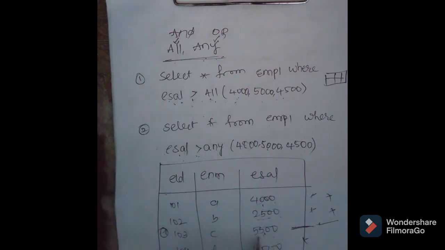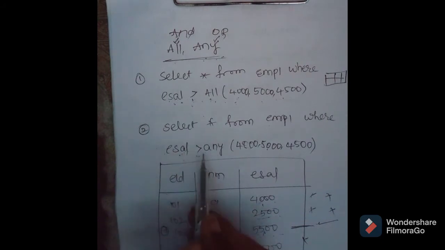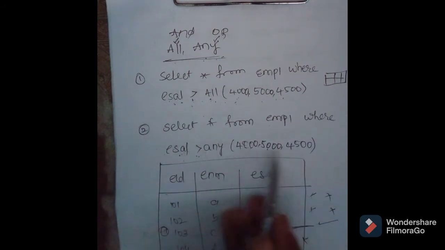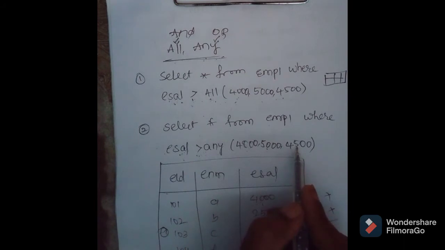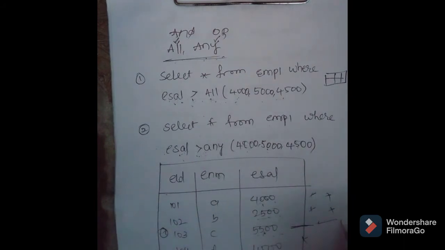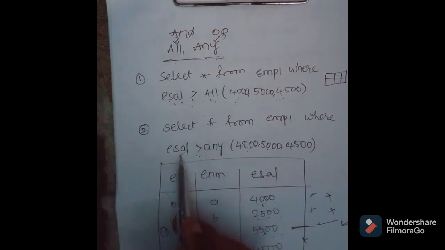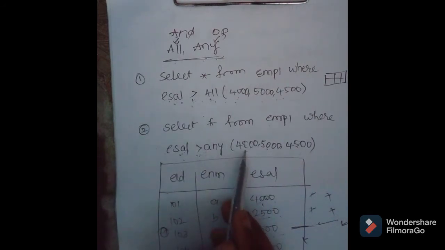Next, consider 5500. Is 5500 greater than any one of these values? 5500 is greater than 4000, greater than 5000, greater than 4500 also. So this row will be in your output. Next you have 4500. Is 4500 greater than 4000?